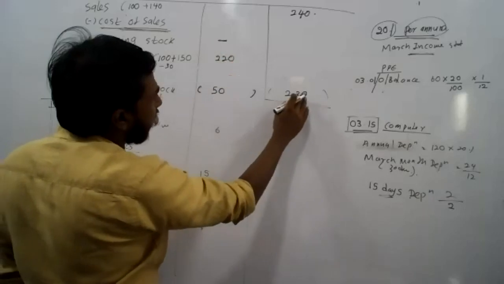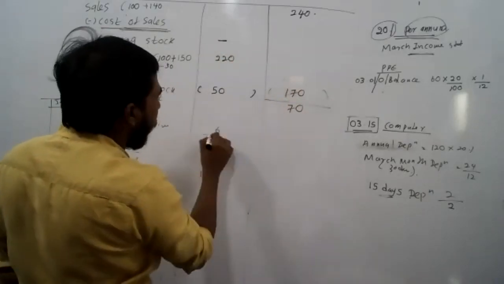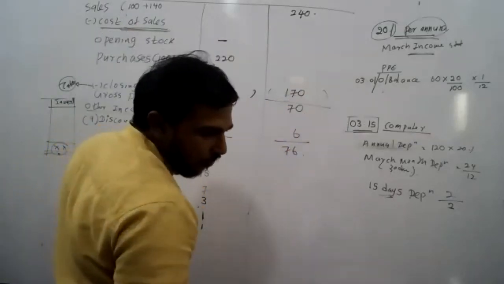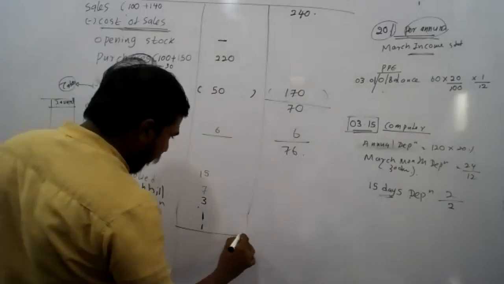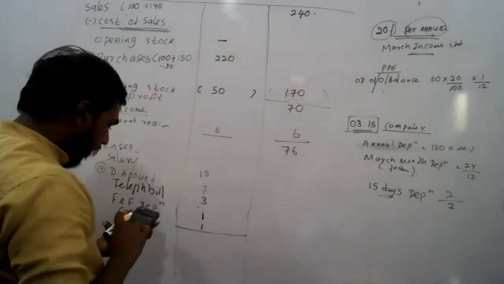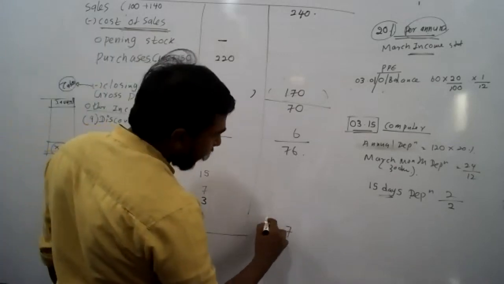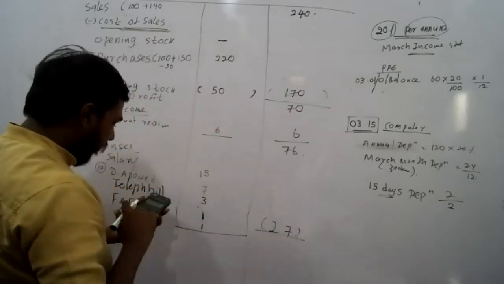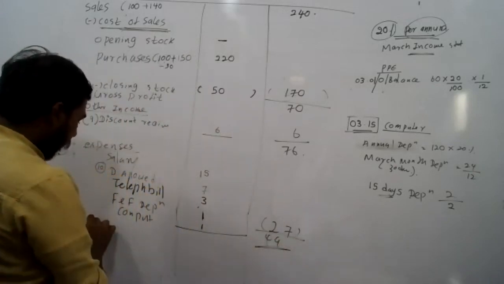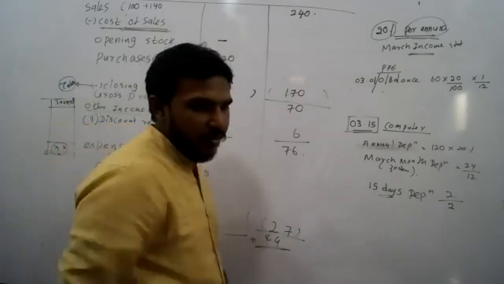Then 170. Gross profit is 70. Other income is 6. Then it's 76. Clear? Then you take the total expenses to here. 15 plus 7 plus 3 plus 1 plus 1 is 27. How much is the net profit? 76 minus this 27. This is the net profit, 49.